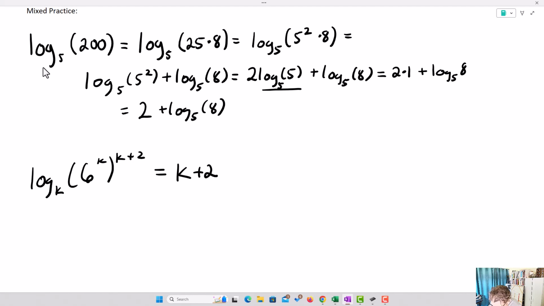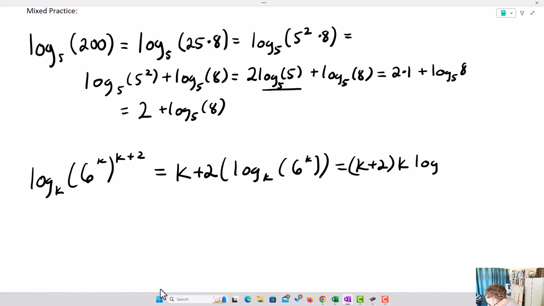So now I have k plus 2 times log base k of 6 to the k, which equals k plus 2, and I can actually do this again. I can pull the k out again, so times k log base k of 6. So you can actually go through and utilize your properties multiple times.